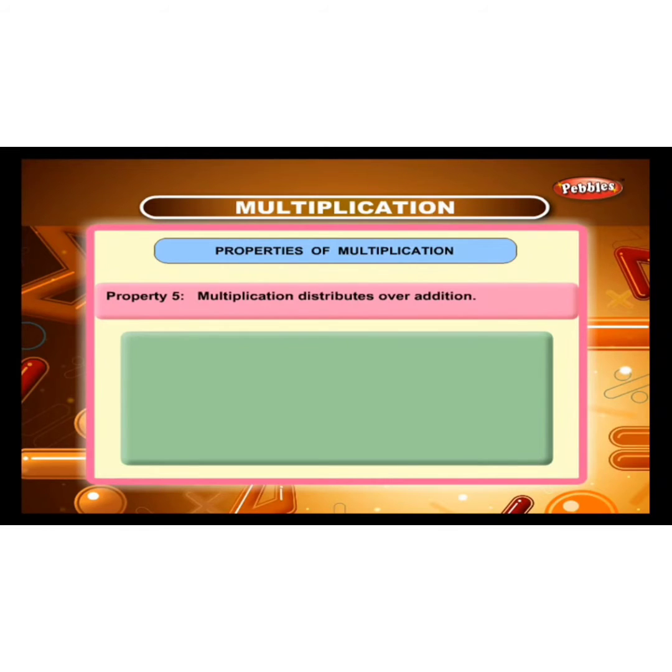Property 5. Multiplication distributes over addition. For example, multiply 5 into 12. To make this multiplication easier, the bigger number can be split into two numbers, that is 5 into 10 plus 2.